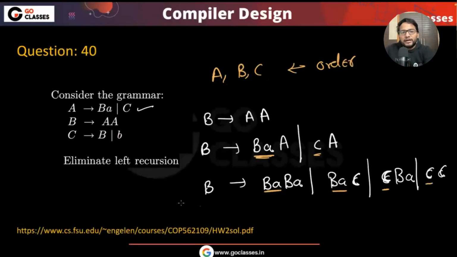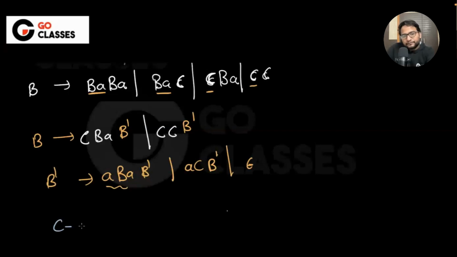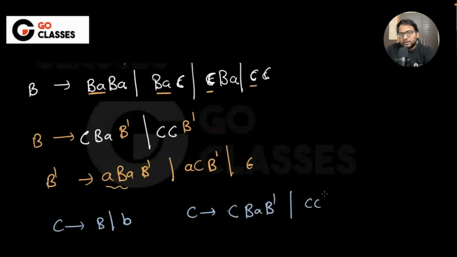So now let's finally copy this. C gives B and then B. So I think we can directly copy with this C, and then we need to replace, or we need to basically first replace, and then we need to remove the left recursion from this also. C, B prime. Then B. Now this is again having the left recursion, so these are the final answers.